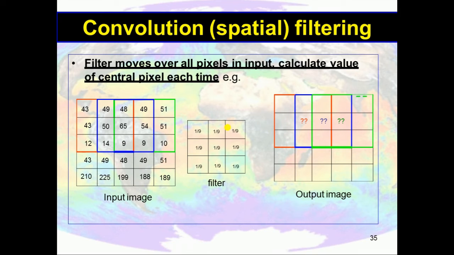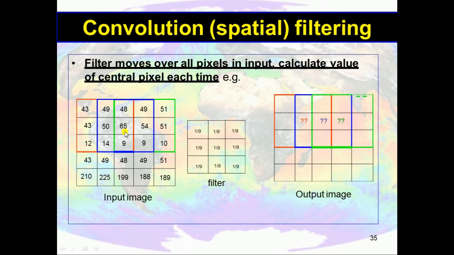In convolution filtering, the filter moves over all pixels in the input and calculates the value of the central pixel each time.